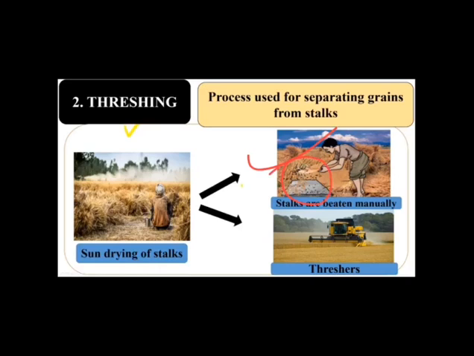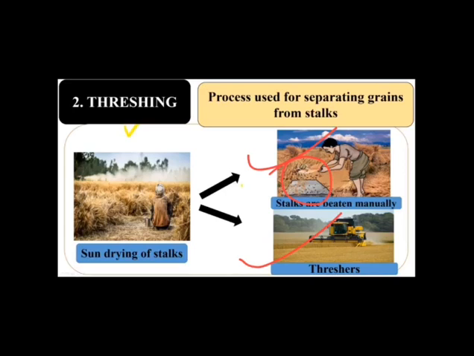On a smaller scale this can be done manually, but on a larger scale farmers have to use threshers. If we have tons and tons of stalks and we have to remove the grains from them, it cannot be done manually, so we have to use threshers for that, right?